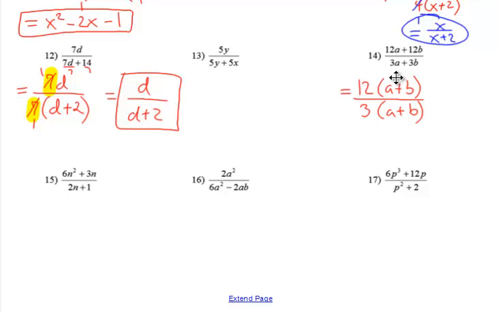Now, let's simplify. Well, 3 goes into itself once and into 12 4 times. And then the a plus b and the a plus b, that's exactly the same. So in that instance, you can cross that out again. If it's exactly the same, what's being added, you can cancel those two out there. And so you want to pay attention to that.